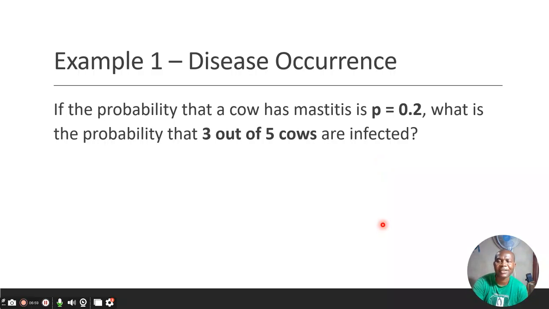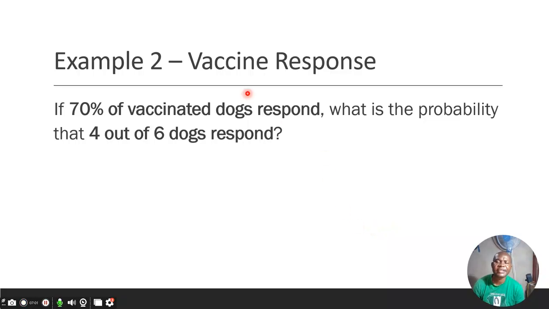Let's look at another example. This case is that of a vaccine response. If 70% of vaccinated dogs respond, what is the probability that 4 out of 6 dogs actually responded? So this is another example of a binomial experiment.